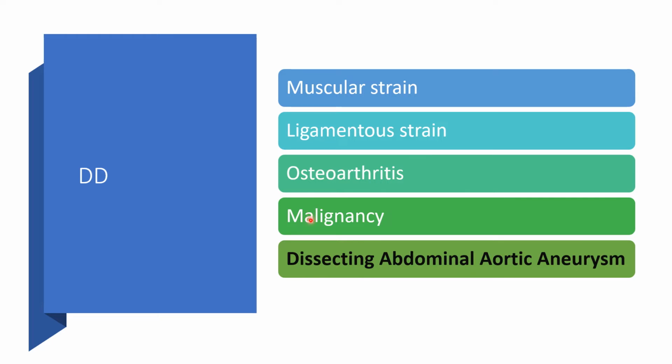Maybe malignancy, primary or secondary, that would have metastasized to the bones, specifically the one that has metastasized to the spine. Might be dissecting abdominal aortic aneurysm. That will call for urgent intervention. In a bit, I will go to full details as per this.